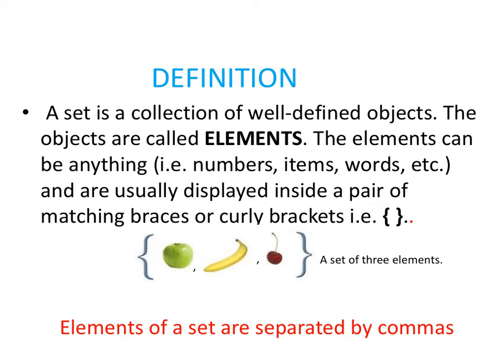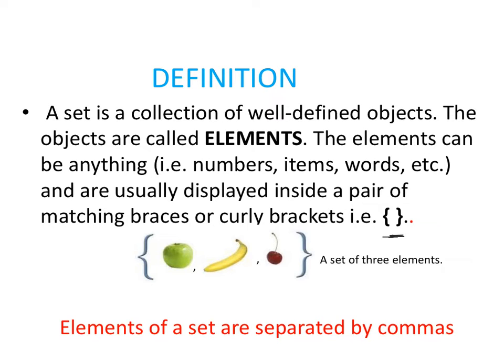The elements can be anything, that is numbers, items, words, etc., and they are usually displayed inside a pair of matching braces or curly brackets. This is a curly bracket. And inside these brackets, we have the elements.